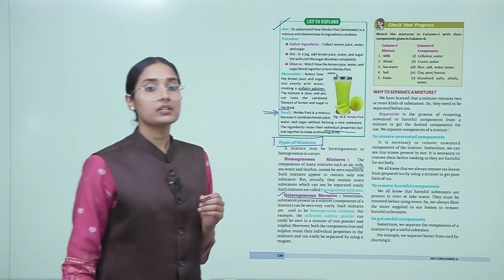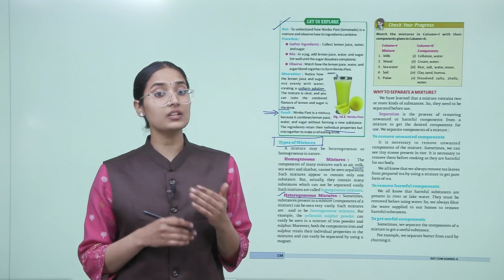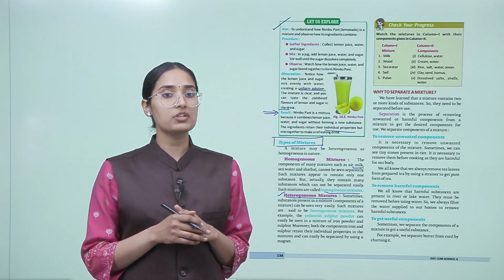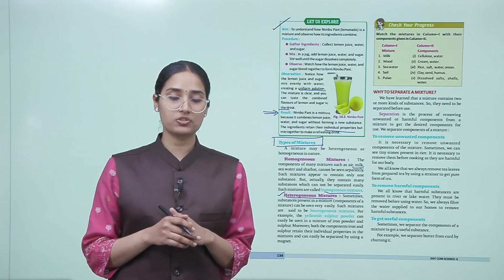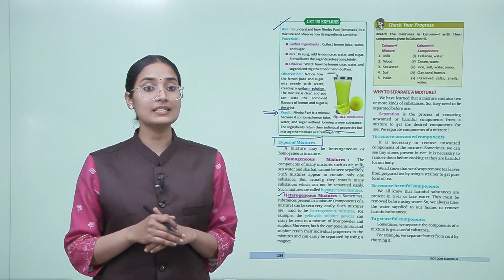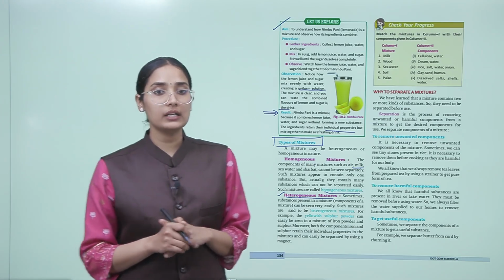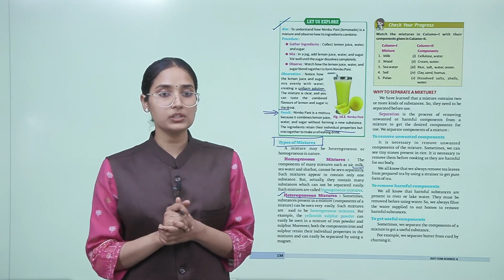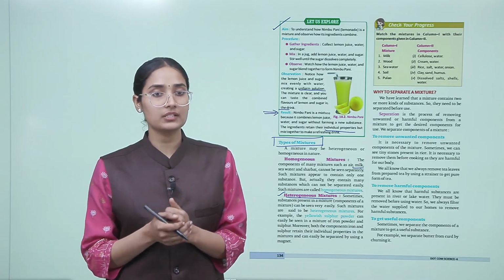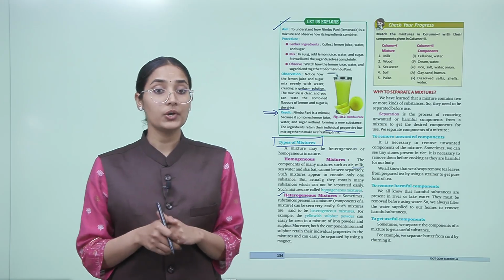Sometimes substances present in a mixture can be seen very easily, and such mixtures are said to be heterogeneous mixtures. Hetero means different. For example, the yellowish sulfur powder can easily be seen in a mixture of iron powder and sulfur. So when you mix yellowish sulfur powder with iron powder, you will easily see the sulfur powder separately.